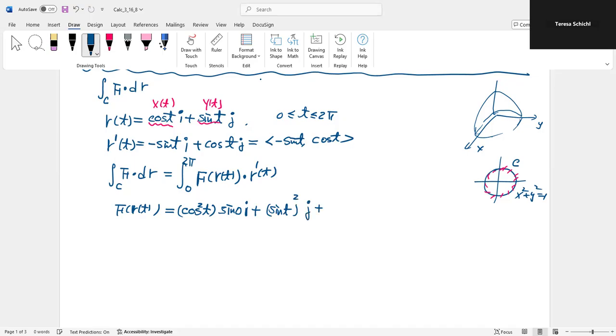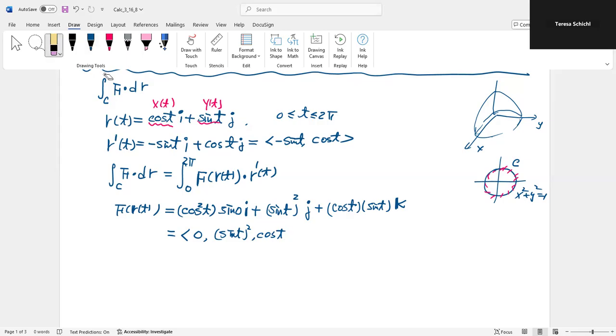Then plus the k component, xy k: x is cosine t times y, sine t, so xy is cosine t sine t, my k component. I substitute r(t). Now I can put it into vector form, because sine 0 is zero, so I have 0, sine squared t, then cosine t sine t.